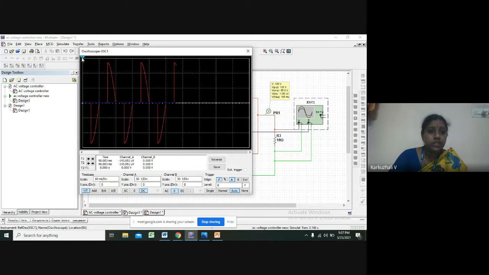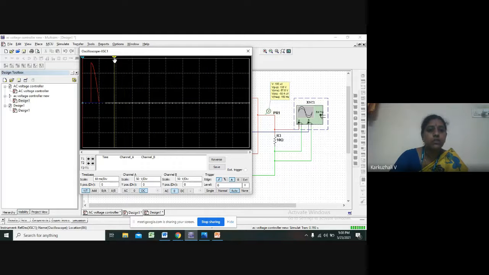So you can just take this, vary it and place it over here, and you can find out the output voltage is 143 volts. It is in the negative, so it is 137 volts. See here, we'll keep it here and you can find out the output voltage is 130 volt for channel A. Channel A only is available and channel B is 0.